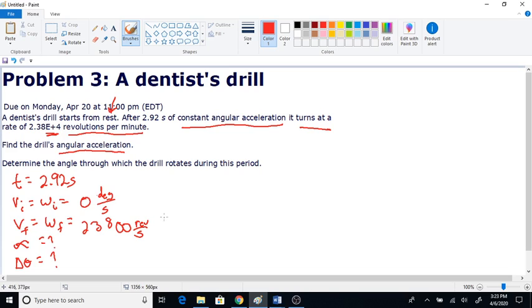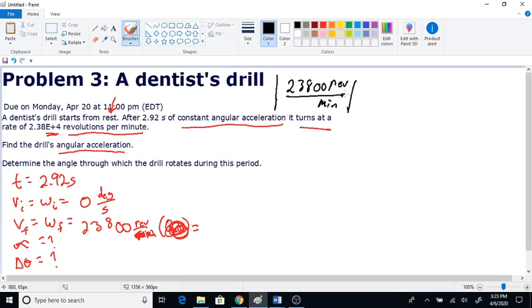To convert this, I want to multiply by 360 degrees. Sorry, this is not per second, that's per minute. So let's do this off to the side. It's 23,800 revolutions per minute.